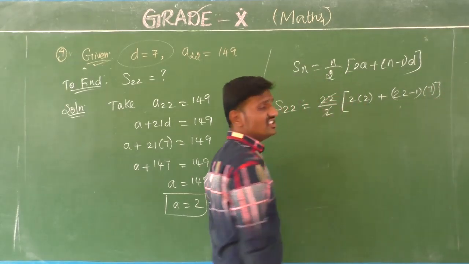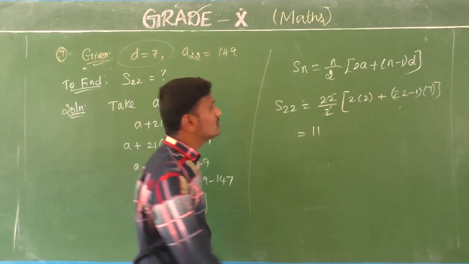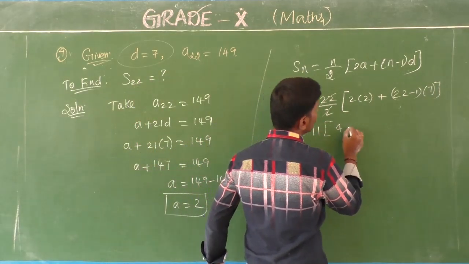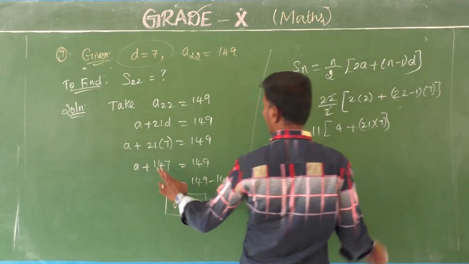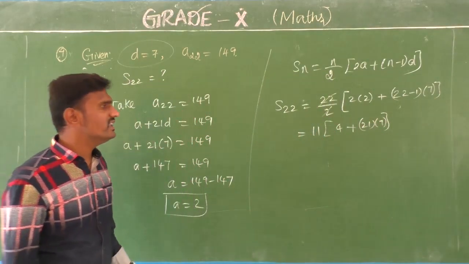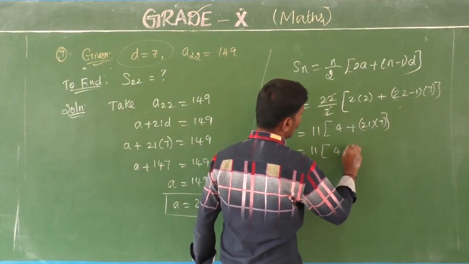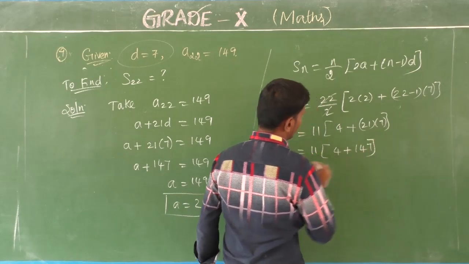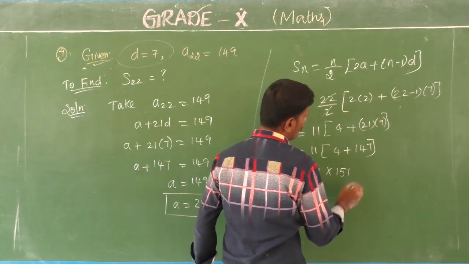Now simplify this to get 11. 11 2s are 22. Then 2 2s are 4 plus 21 into 7. Already you have the value of 21 times 7, so 147. Now 11 into 4 plus 147. So you get the value of 151.